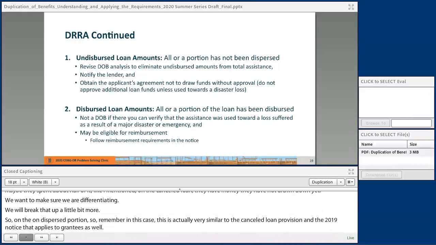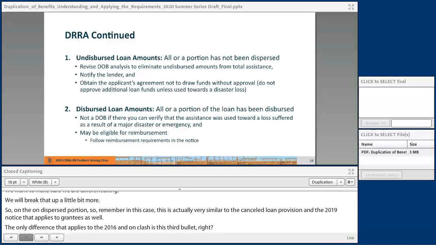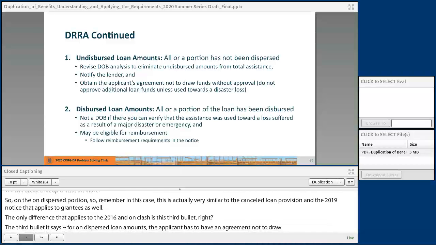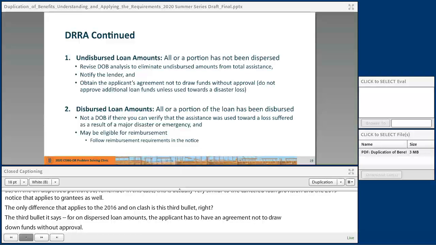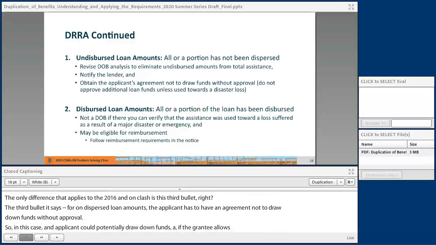The third bullet says for undispersed loan amounts, the applicant has to have an agreement not to draw down funds without approval. So in this case, an applicant could potentially draw down additional funds if the grantee allows them to do that, and if the grantee is willing to monitor that to make sure that all the funds drawn down from a loan that is undispersed at this point are used for a disaster-related loss, right?